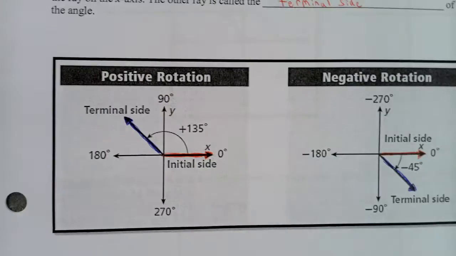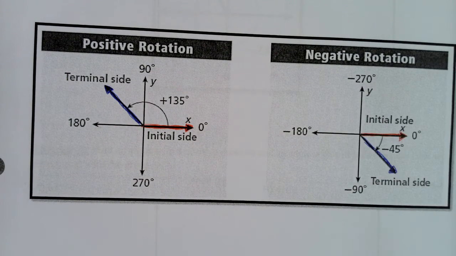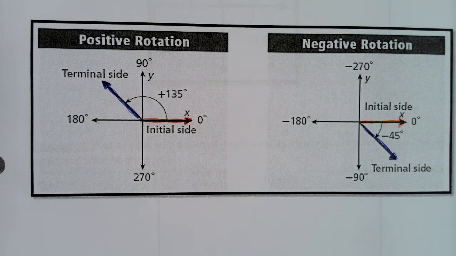As you can see, this angle is going clockwise, so that's going to be a negative angle. And in this case, it is a negative 45 degree angle. Okay. So that's initial sides and terminal sides. And you have to know the difference between whether the angle is going to be positive or whether the angle is going to be negative.